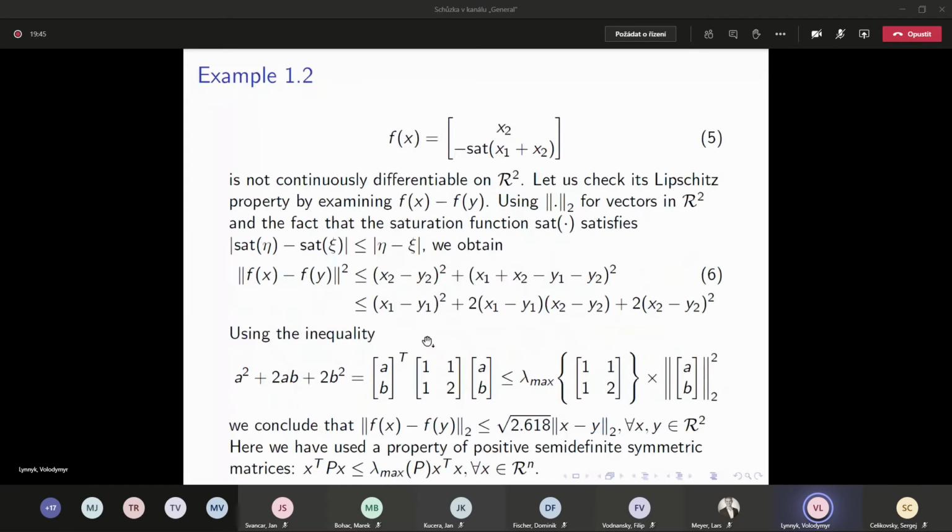And the next example is a function f of x equal to this: x1 dot equal to x2, x2 dot equal to minus saturation of x1 plus x2, and it is not continuously differentiable on R2.